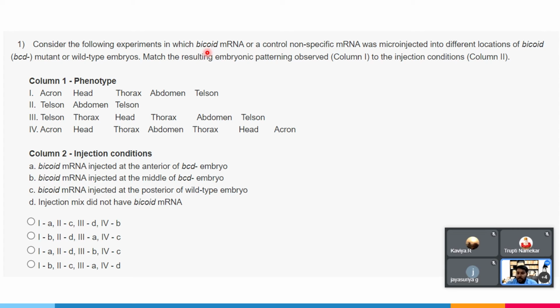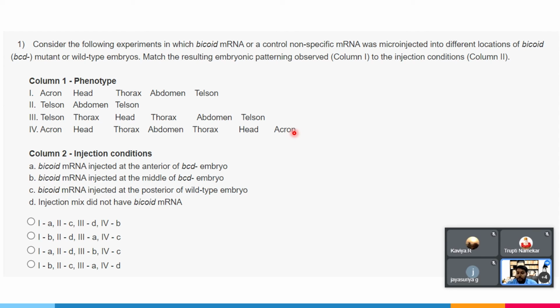So head, thorax, and acron are established by bicoid. Next, in the third, we have telson, thorax, then another head and thorax in the middle, and then abdomen and telson. And finally, we have acron, head, thorax, abdomen, thorax, head, and acron.